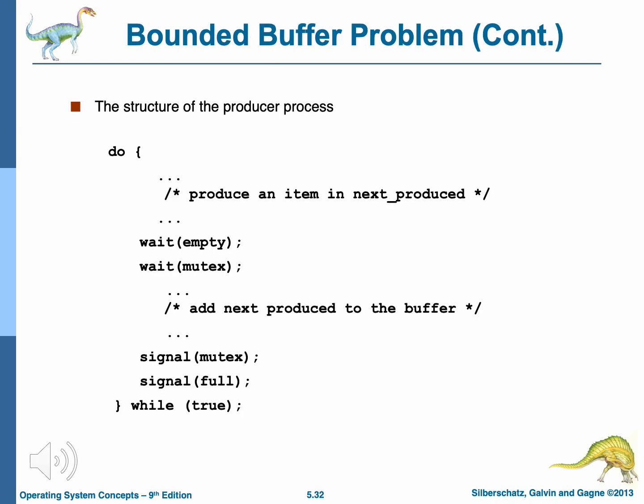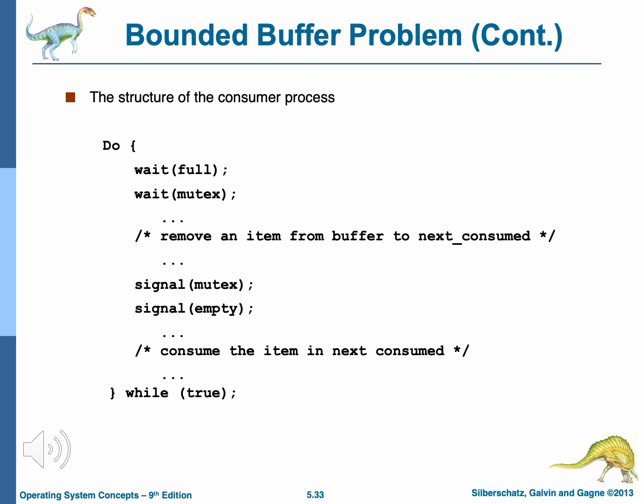The code for the producer process is shown here. The code for the consumer process is shown here. Note the symmetry between the producer and the consumer. We can interpret this code as the producer producing full buffers for the consumer, or as the consumer producing empty buffers for the producer.